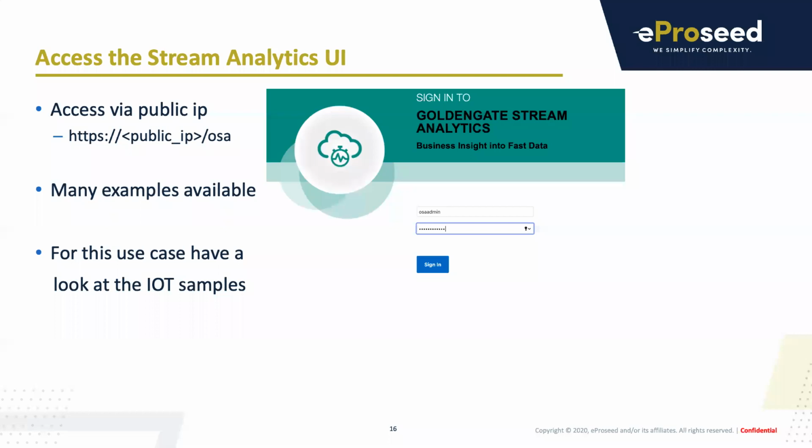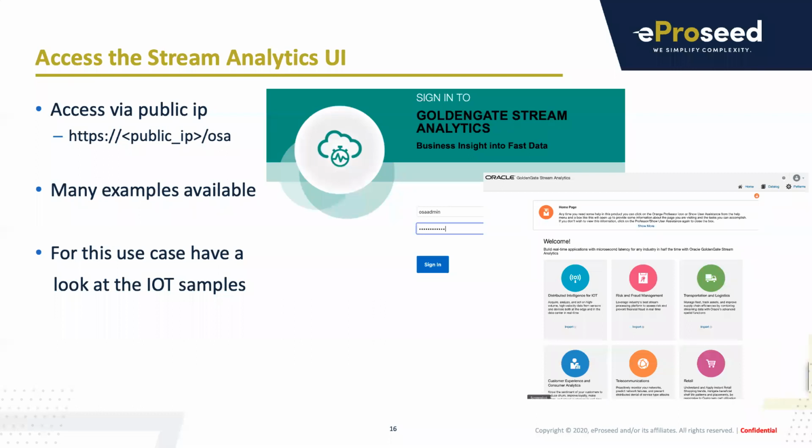Again, there are a lot of examples available that you can use for inspiration. As you can see from this screenshot, there are examples for transport logistics, telecom, retail, etc. But again, we had the IoT use case, so that is what we used as inspiration.